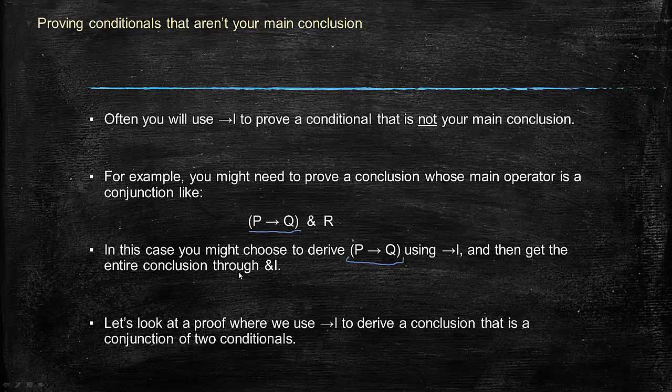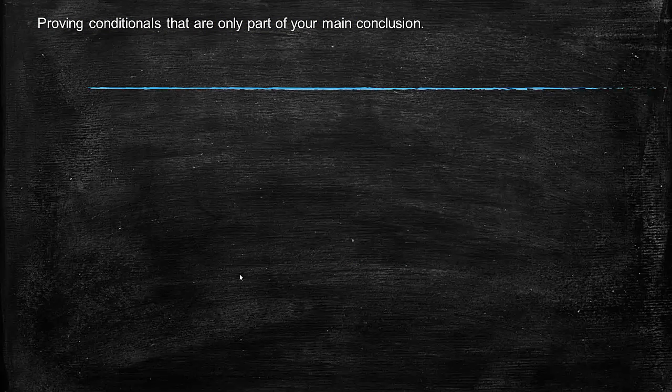So let's look at a proof where we use conditional introduction to derive a conclusion that's actually a conjunction of two conditionals. We'll prove this conjunction from these assumptions. This reasoning is quite familiar to you: you say, oh, this is a conjunction, so I bet I need to prove this, and then I need to prove this, and then I'll put them together.